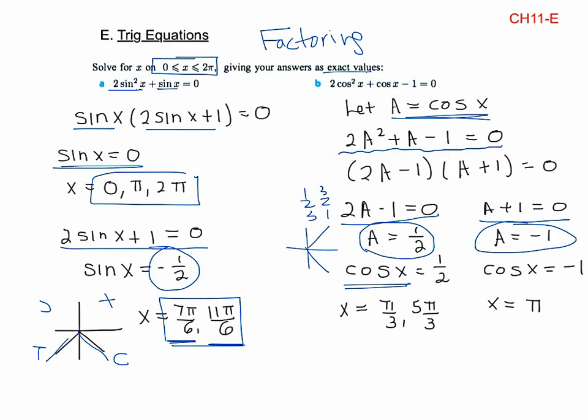Cosine is the x value, so it's the first angle closer to 90 degrees. So that must be pi over 3. Another one is 5 pi over 3. Then we think about where cosine of x equals negative 1. X must be pi. So in this question, we have 3 answers.